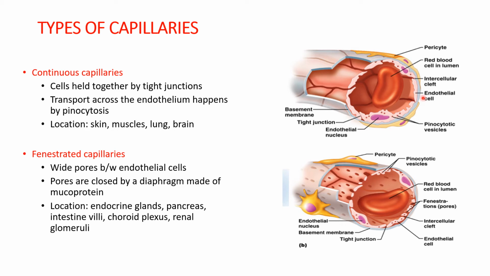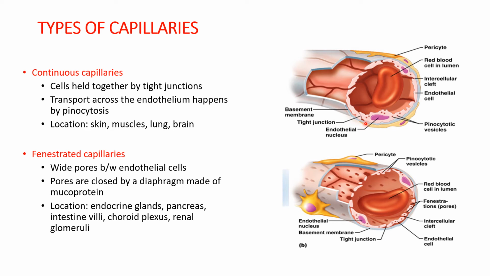The transport of substances will happen across the endothelial cell and it takes place by pinocytosis. And you can see a number of pinocytotic vesicles in the cytoplasm of this endothelial cell. Such capillaries are the most common in the human body and they are located in the skin, muscles, lungs, and brain.